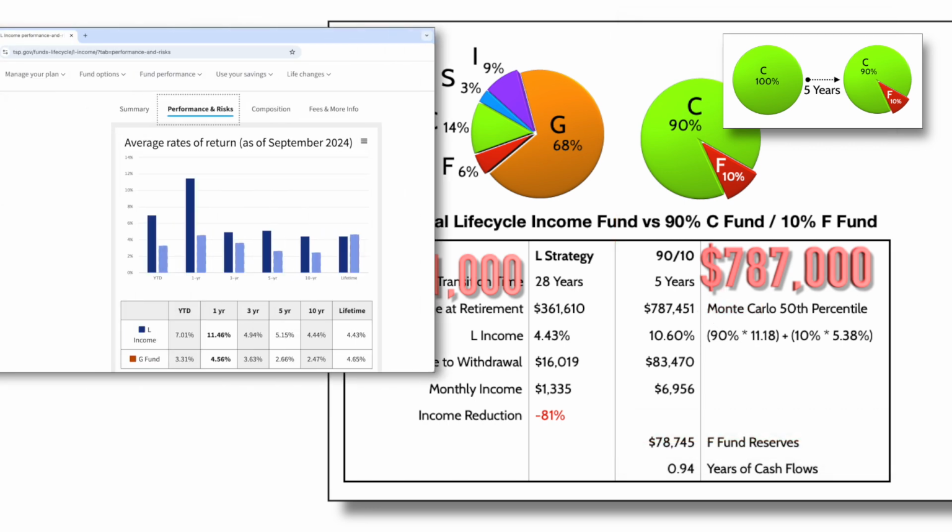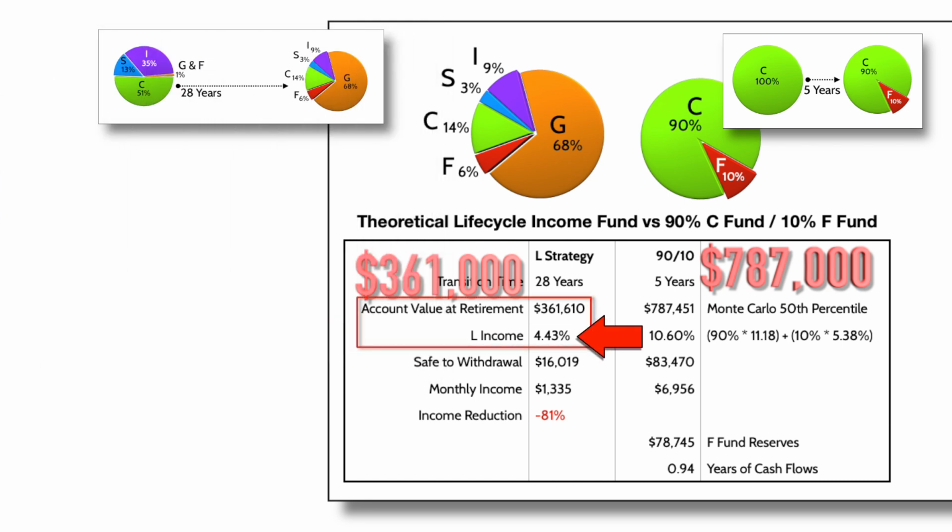And if we use the lifetime average return of the L income fund of 4.43% as how much an individual could withdraw from their account every year, which is not really how that works, but will work for this illustration, then 4.43% times $361,000 implies an annual income of about $16,000, or $1,335 per month.